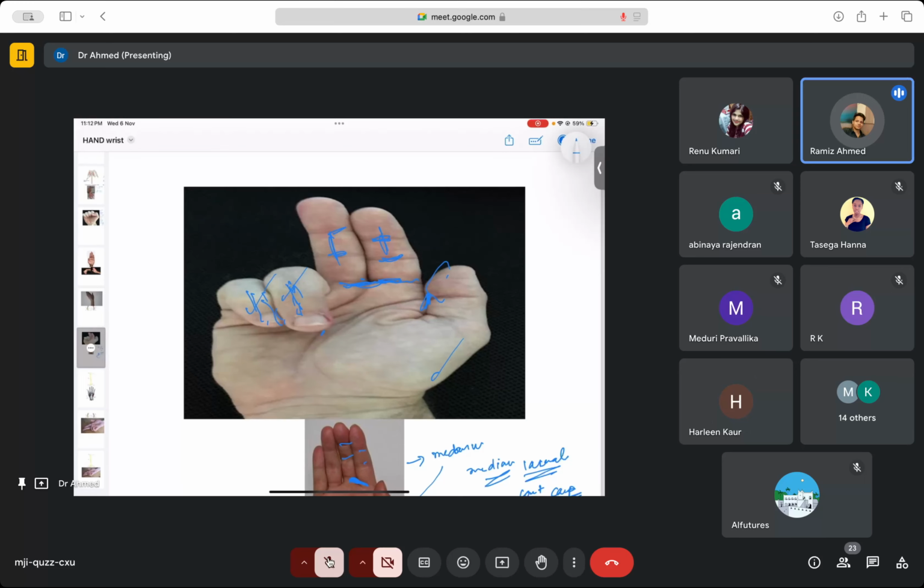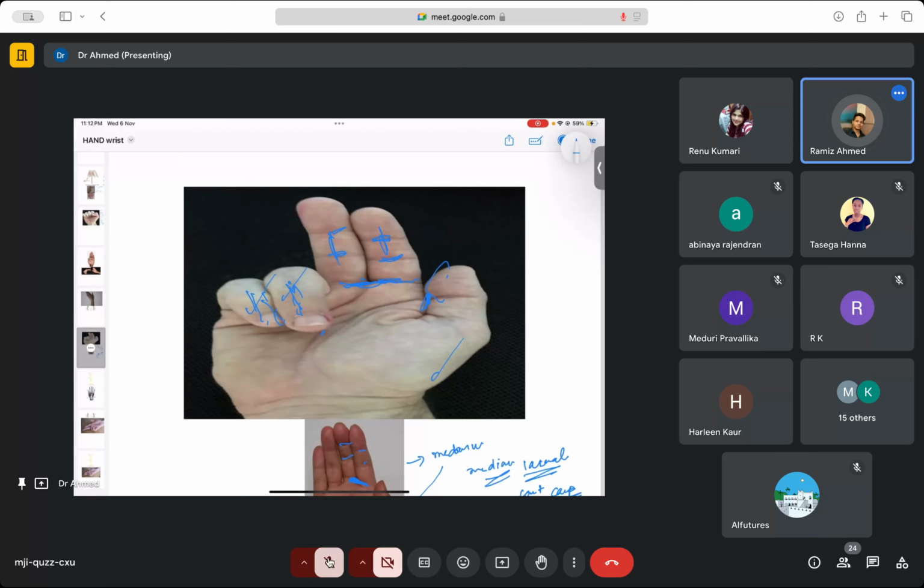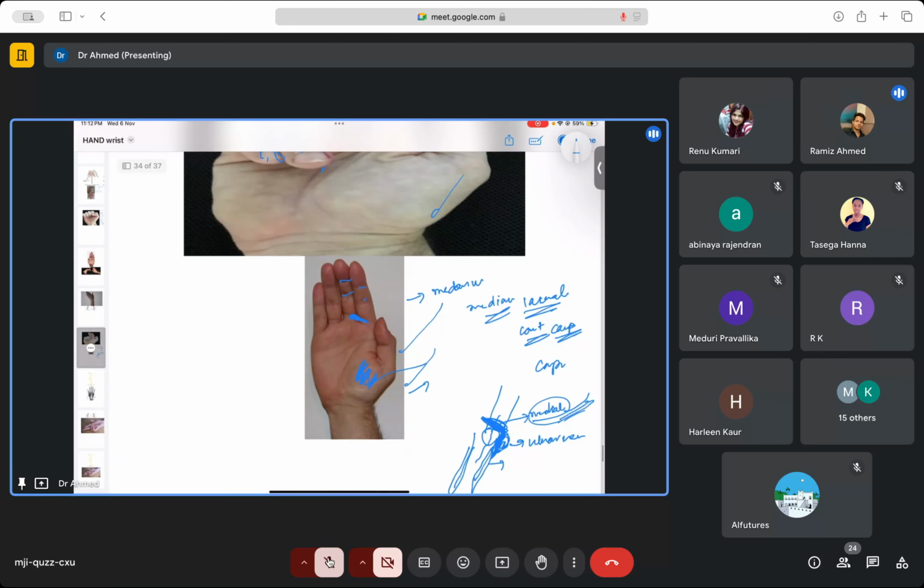If I tell this patient to make a fist, the medial two fingers will claw, but the thumb and the lateral two fingers will not, and this sign will be called Pope's blessing sign. And in resting state, it will be called ape sign, as per what I know. Yes, it's ape sign, right?